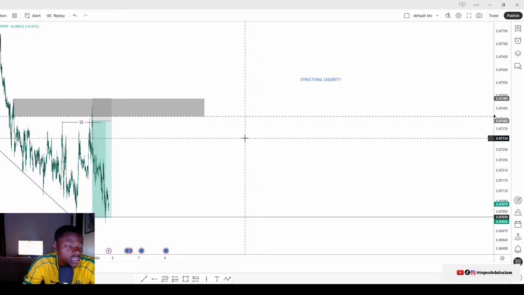Where can we find liquidity? Equal highs, equal lows, swing high, swing low. The external range liquidity is liquidity that you can find on swing highs and swing lows.